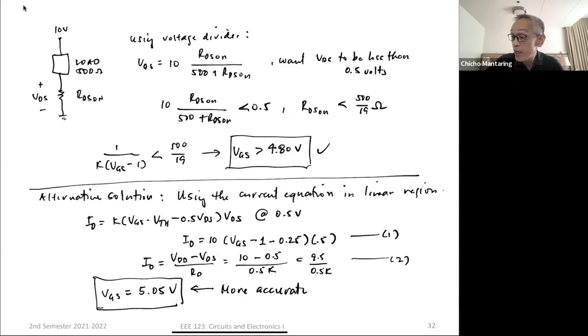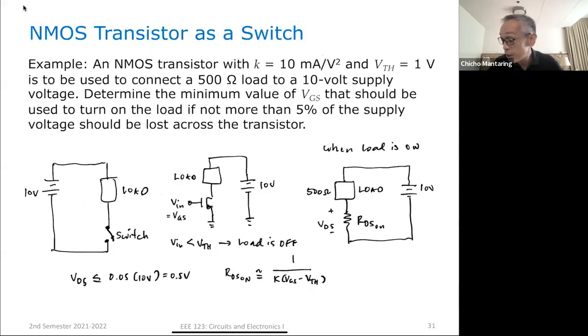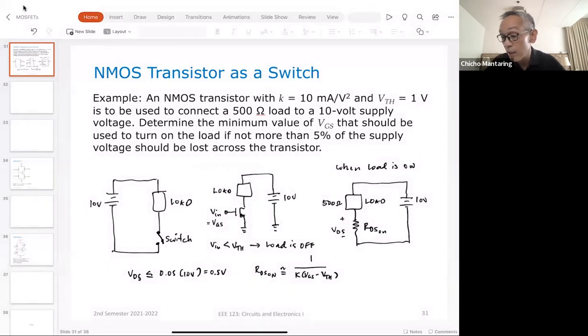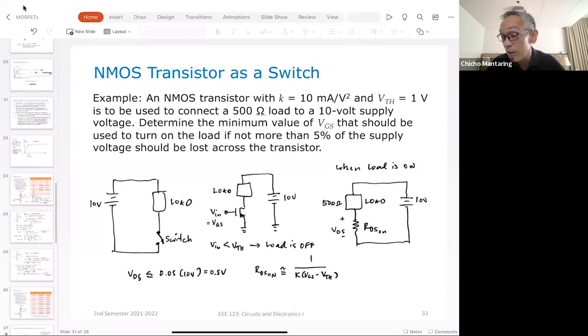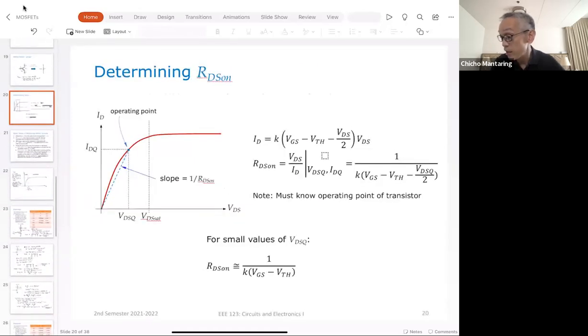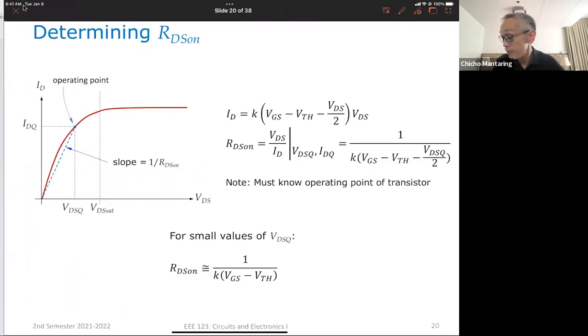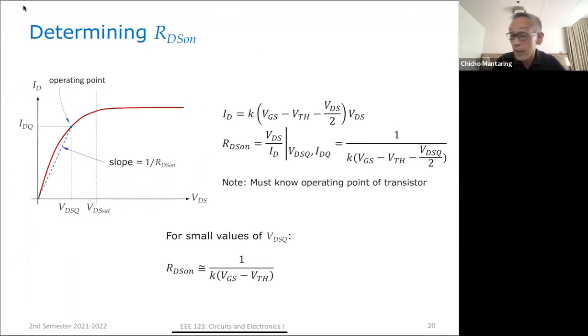Because when we derived this equation for RDS on, we disregarded one term here. Let's go back to that. Saan ba yan? Here. So the expression really for RDS on should be this. Merong term na ganito.